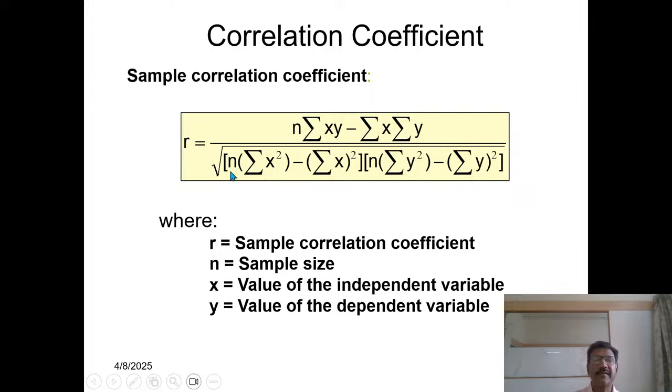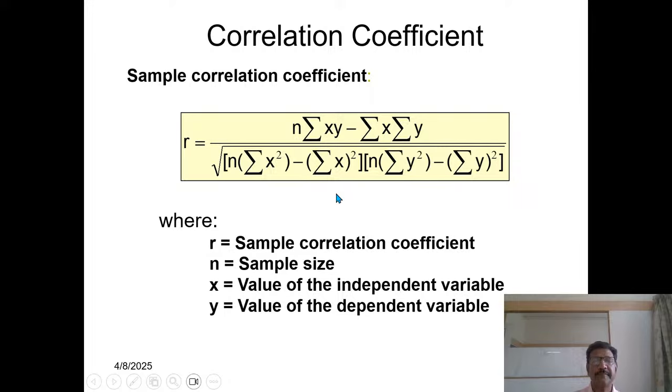N means the data samples. Here you have to take summation of x square minus summation of x whole square, into n summation of y square minus summation of y whole square.